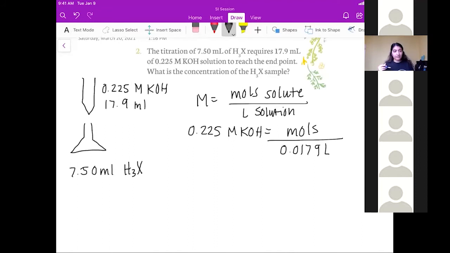And just as a general reminder, we took 17.9 milliliters, divided it by 1,000, and that's how we got to 0.0179 liters. Okay, so then we'll just solve this with algebra.